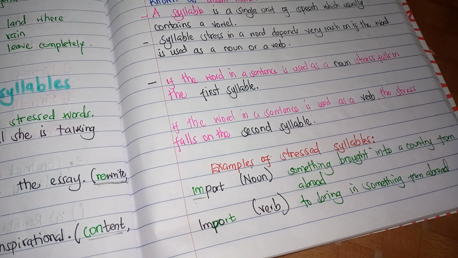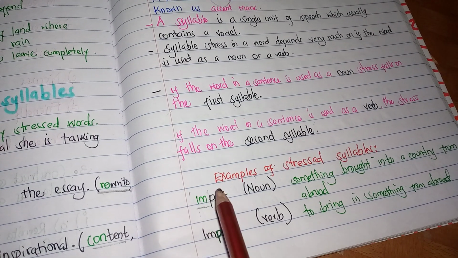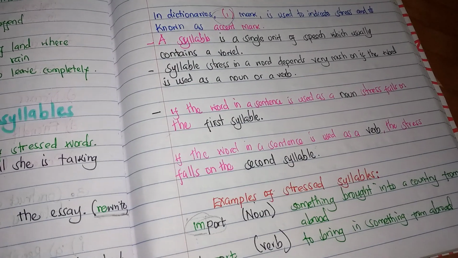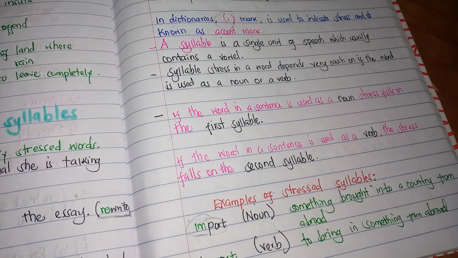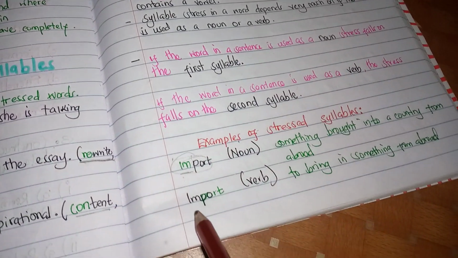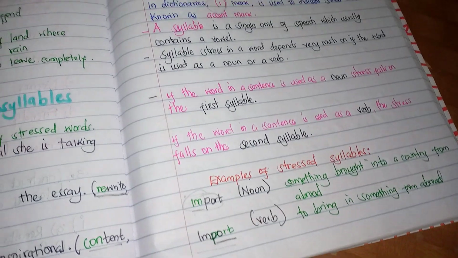Now, this is import. Stress falls here on the first part, and so this is a noun. Now, if the word in a sentence is used as a verb, the stress falls on the second syllable. For example, import. This is a verb, and so stress is falling on the second syllable.